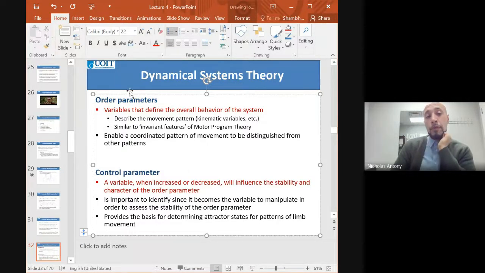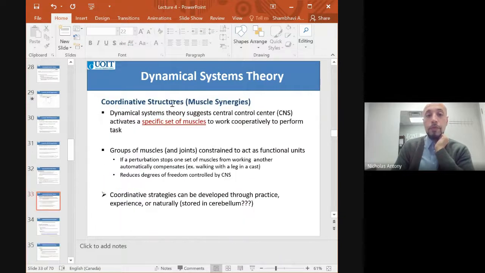So here we have order parameters again, control parameters. Here was one cool example. Has anyone ever broken a leg or injured their ankle where they had to wear a cast or a brace?